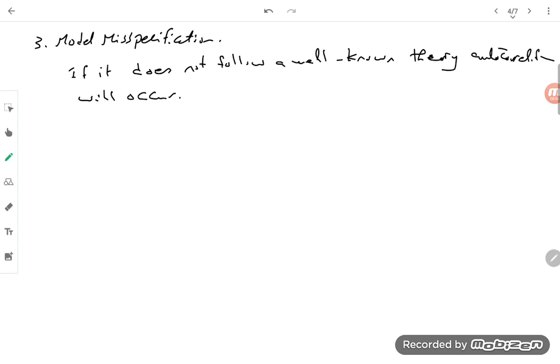For example, in economic theory, the total cost function is a nonlinear function.